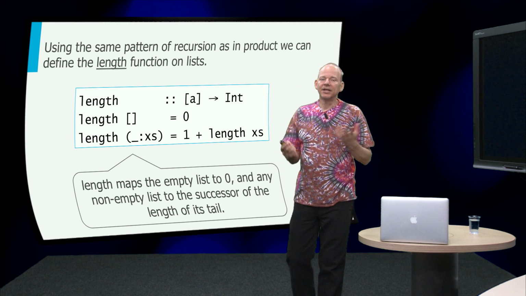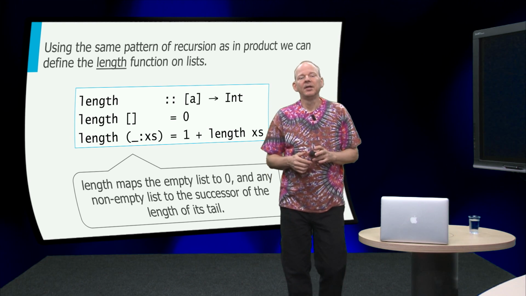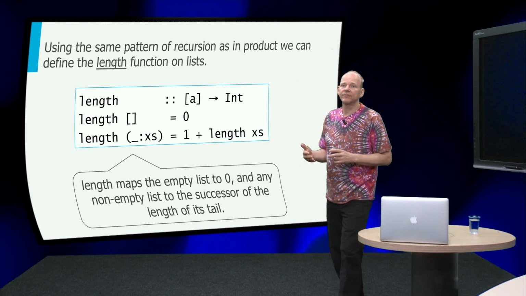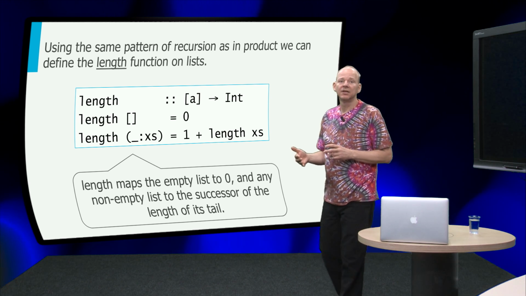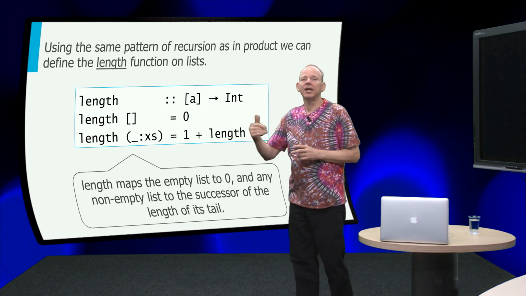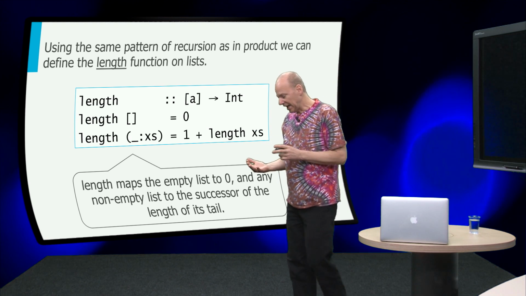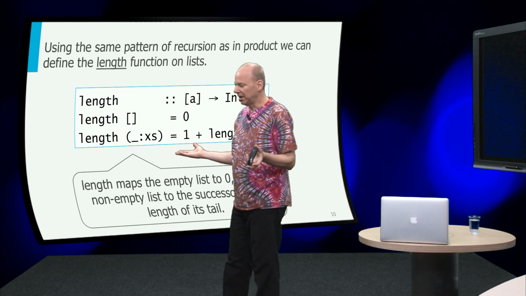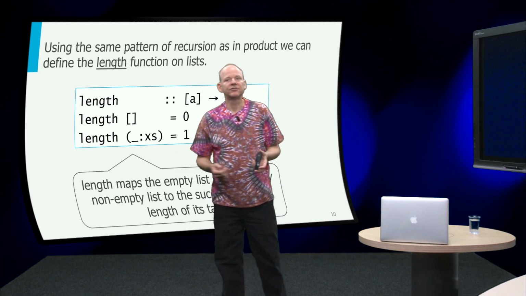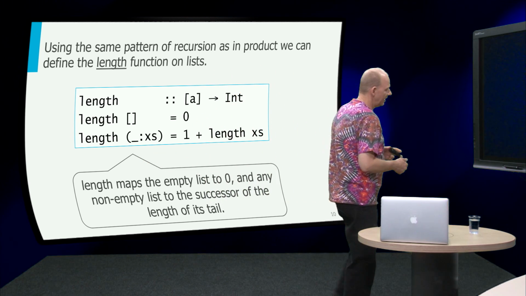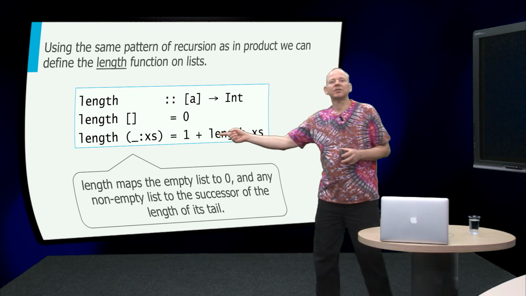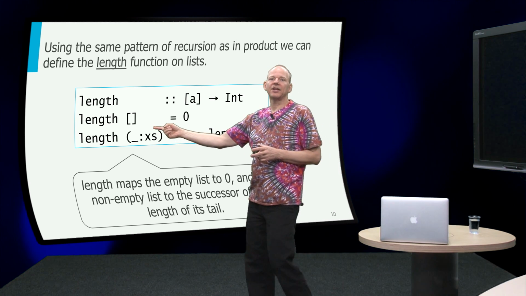Good. Let's look at another function that we can define recursively over lists. And here you see, again, we have the recursive structure. If the list is empty, the length of that empty list is 0. And if the list is not empty, we don't care really what the first element is.